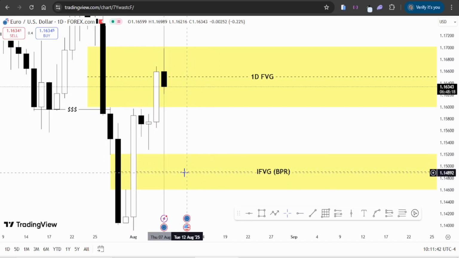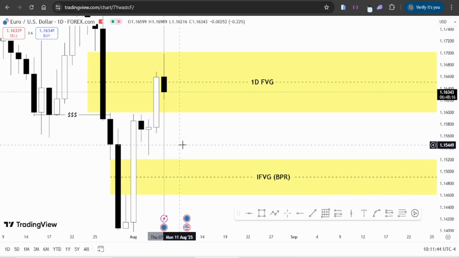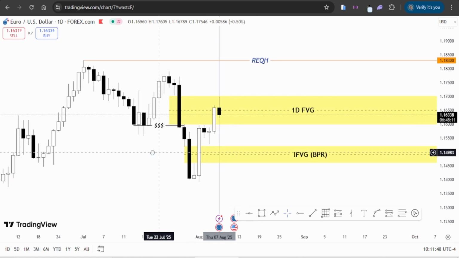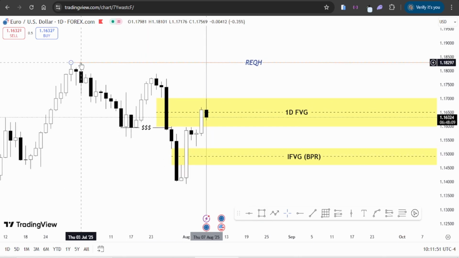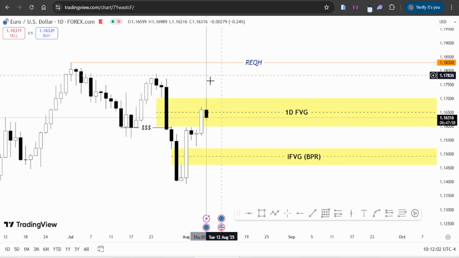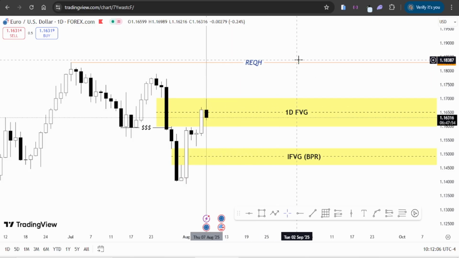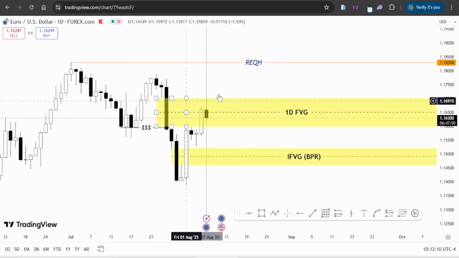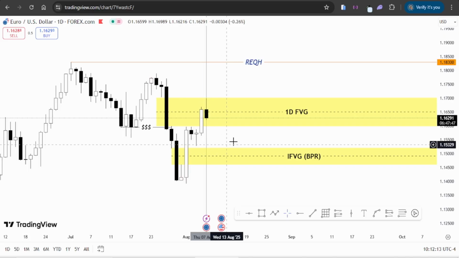So this balanced price range is what I am looking for if I intend to take a bullish position to this end here. I want to see price get all the way down to the midpoint of this inversion fair value gap to target a mid term sweep of this high.